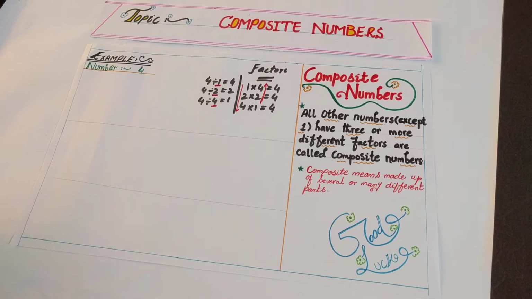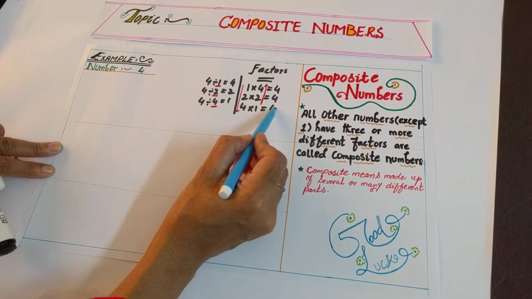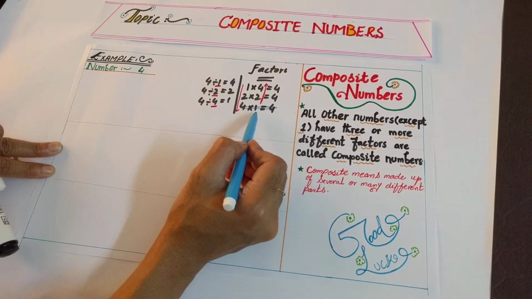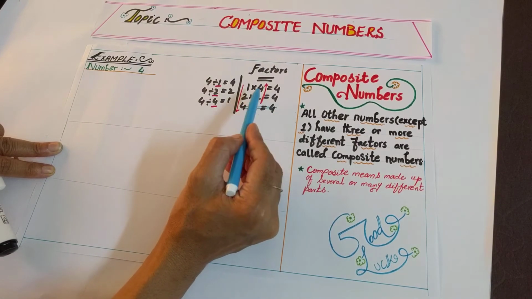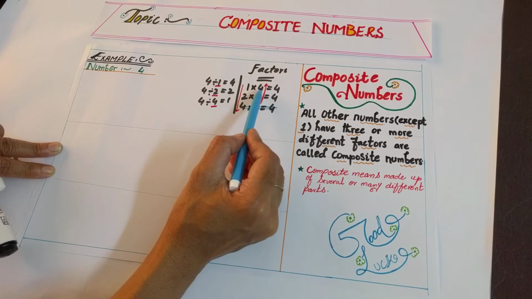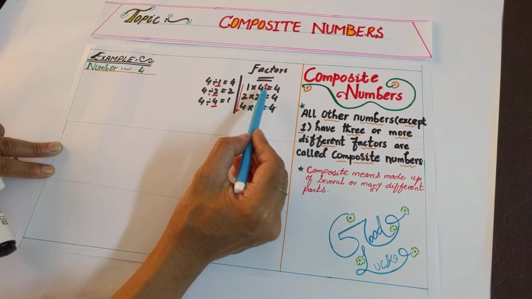I have already told you that when your factors are going to repeat, there is no need to use that factor again and again. Here I am putting this factor just to tell you that if your factors are going to repeat, you will stop over there. Like 1 4s are 4 and 4 1s are 4, both are same, so no need to repeat it again and again. So we will stop it over here.